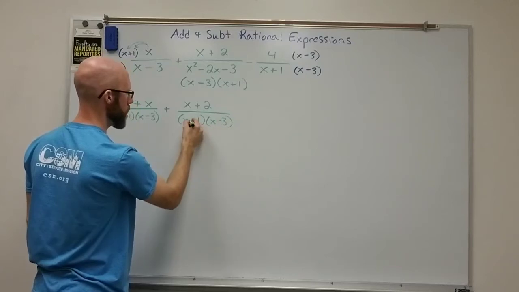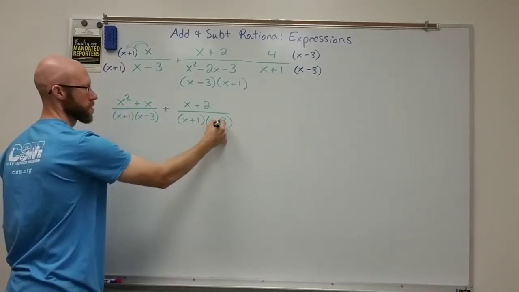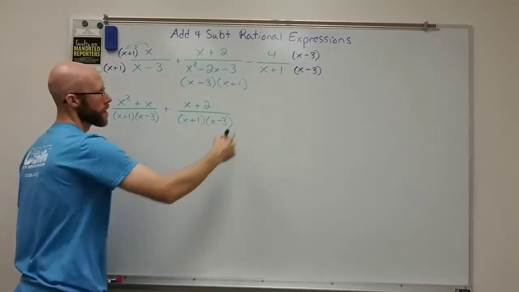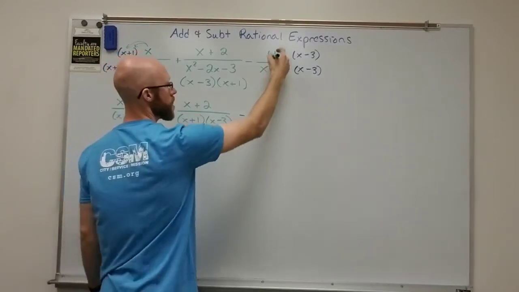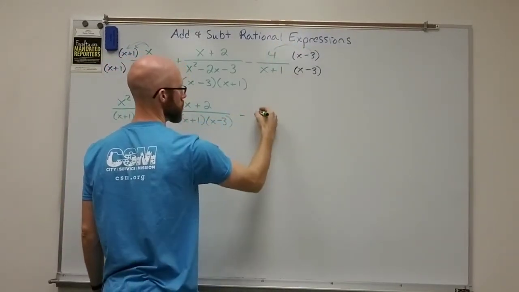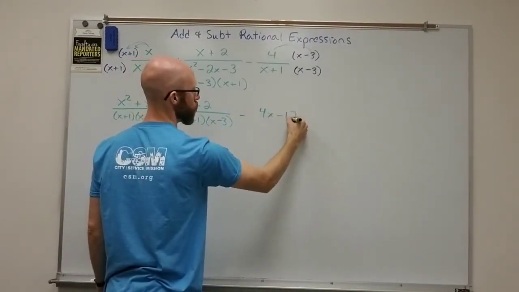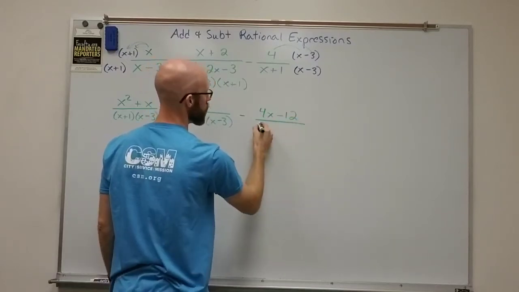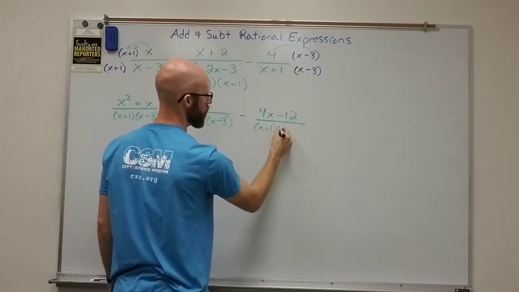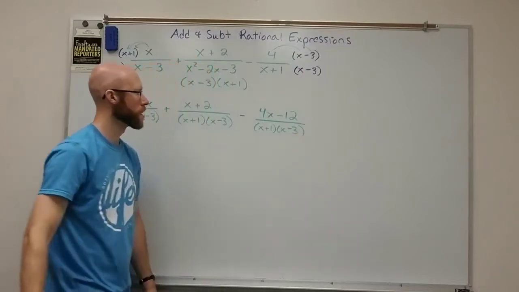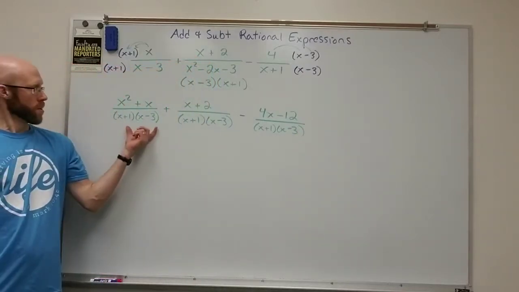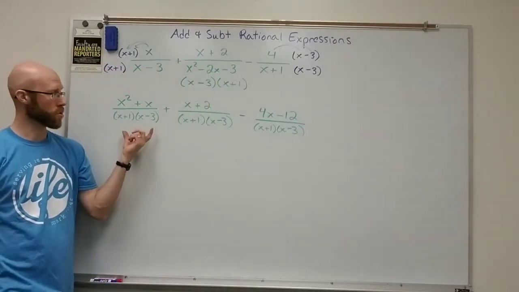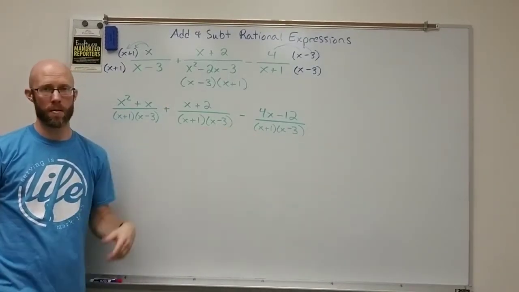Again, the order doesn't matter on these factors because we're just multiplying them. And then over here at the end, it's a minus. I'm going to distribute the 4, so it's 4x minus 12 all over x plus 1, x minus 3. All right. So now I'm going to combine all my terms. I've got all three common denominators.